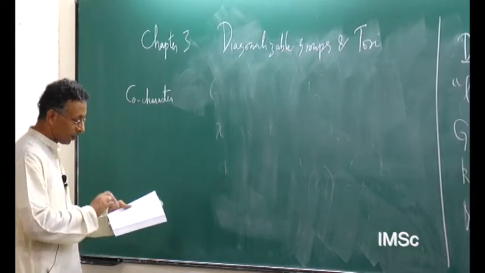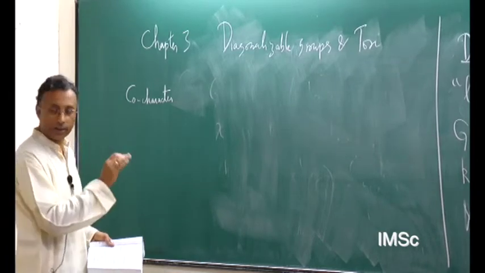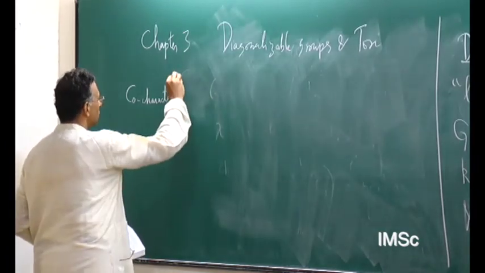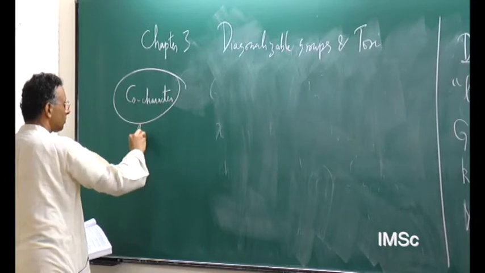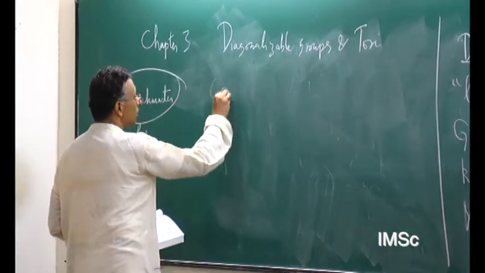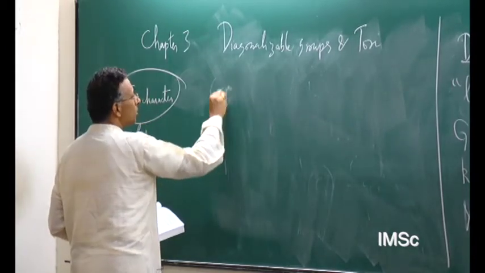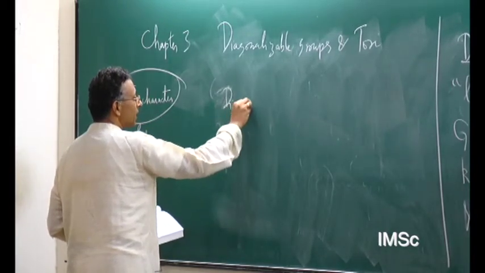Let me state the theorem, and then there is an example before the theorem, but I want to state the theorem and then come to the example. So, theorem. This is later. So what is a diagonalizable group? The definition is what we said it is.